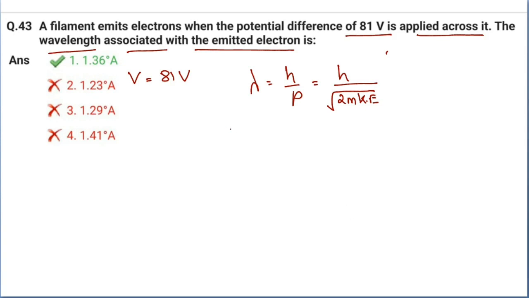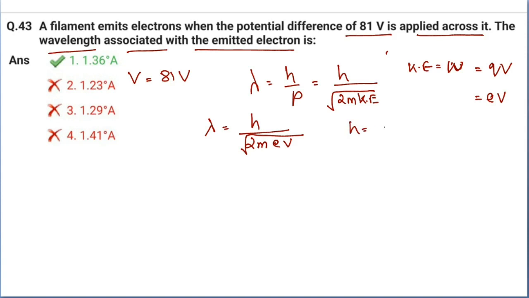Here an electron is given, so we have to relate this momentum part with the potential difference. As we know, kinetic energy is equal to work done, and work done is equal to QV, charge into potential difference. Here the electron is the charge, so we can write kinetic energy is equal to eV. So our lambda becomes h by under root 2meV.